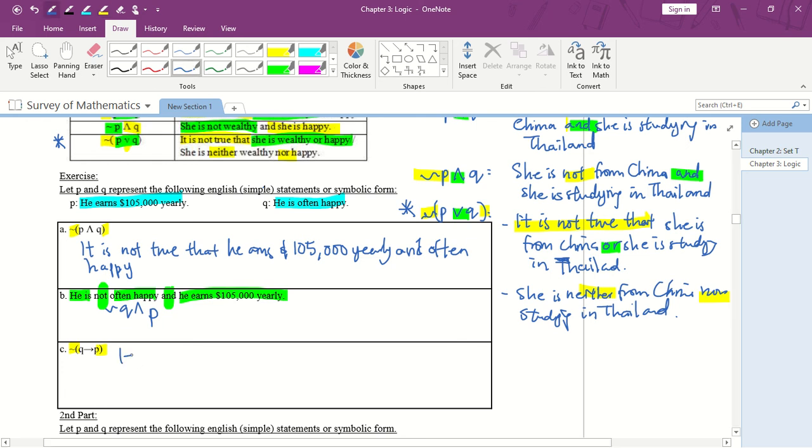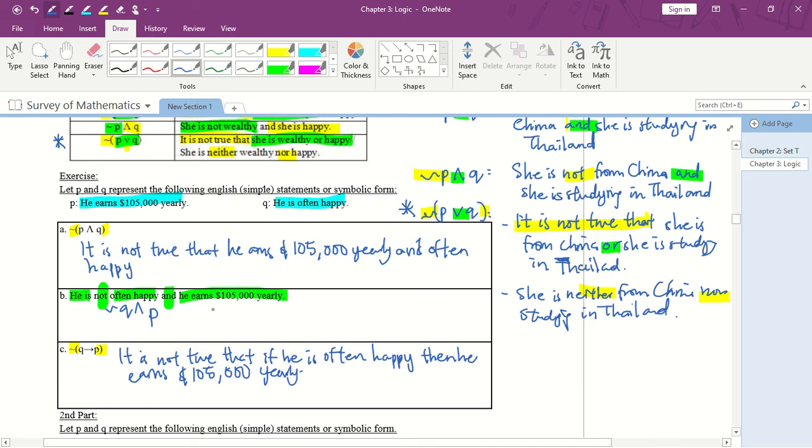So we can say that it is not true that, and now Q to P means that if Q then P. So we can say it's not true that if he is often happy, then he earns 105,000 yearly.